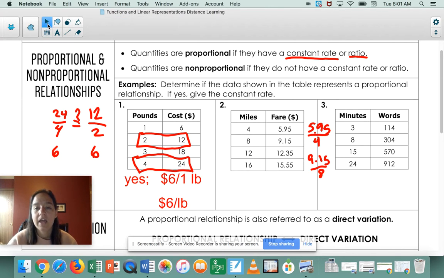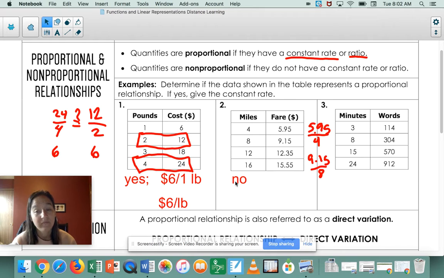And when I go ahead and divide those two, so I do 5.95 divided by 4, and I do 9.15 divided by 8, I realize that those two numbers are not the same, and so therefore it is not proportional. This is not going to have a proportional relationship.